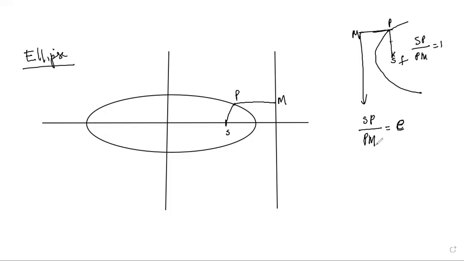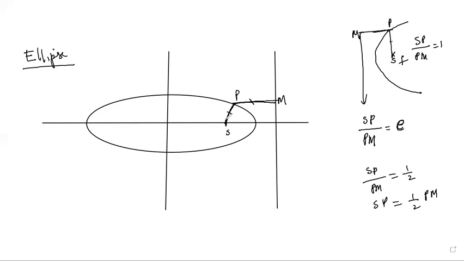If the ratio is a constant and the value of the constant is less than 1, for example, SP upon PM is half, in that case which will be more in length? SP or PM? PM will have more length. So PM should be more than SP, and also this ratio should be equal.